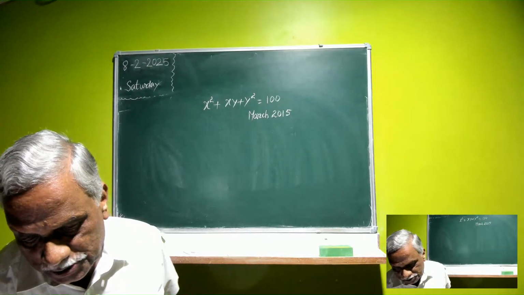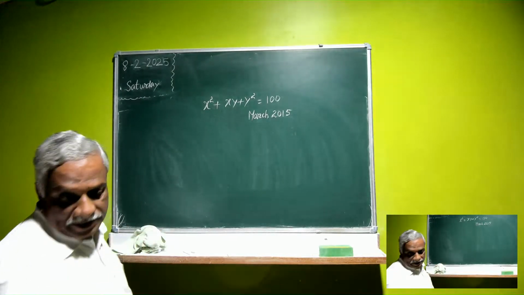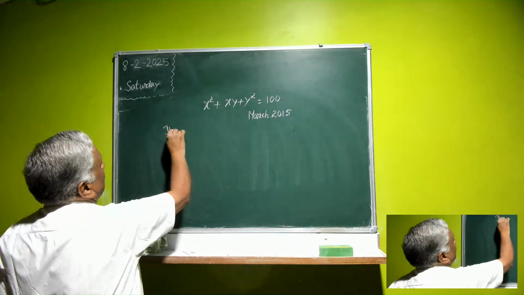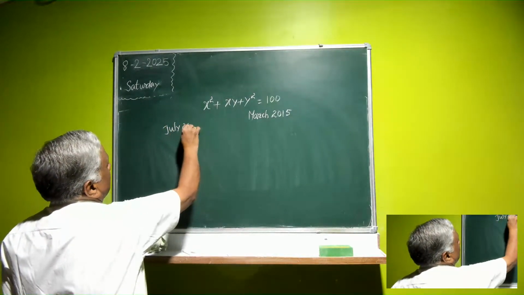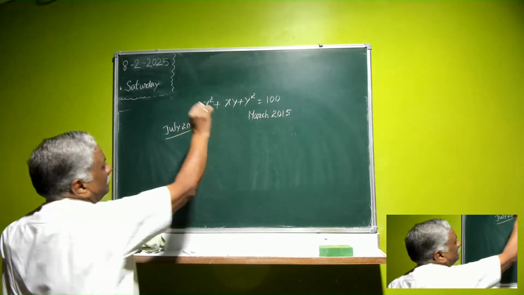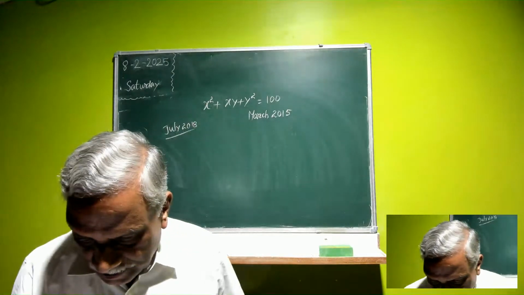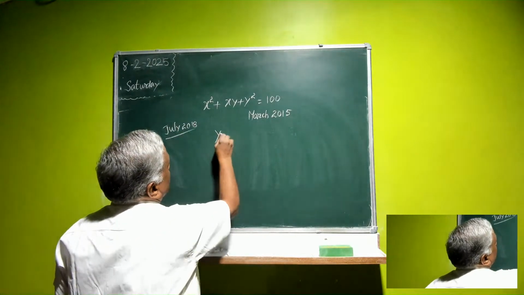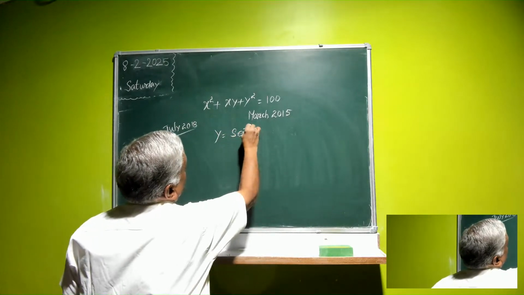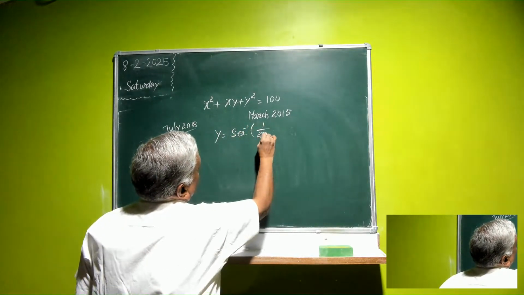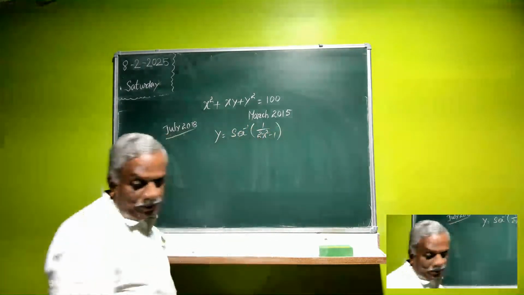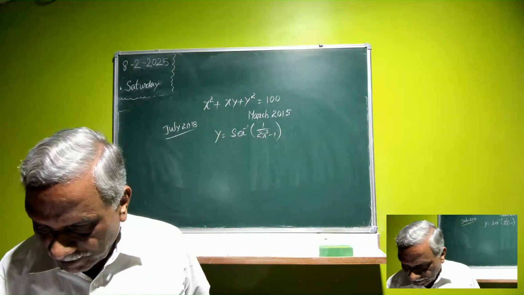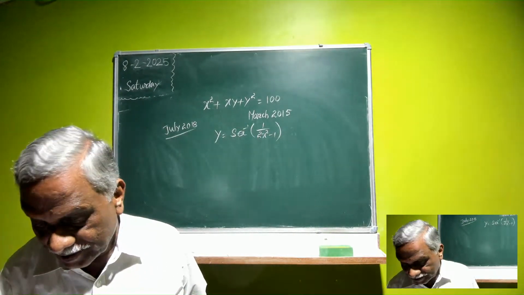We'll move on to July 2018. The problem given is y is equal to secant inverse of 1 over 2x square minus 1. We have already worked this problem.